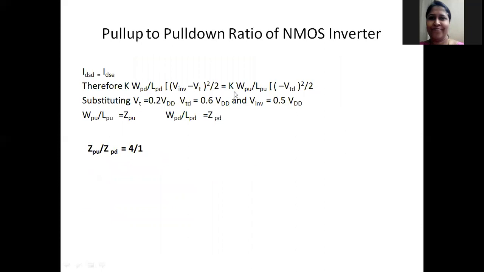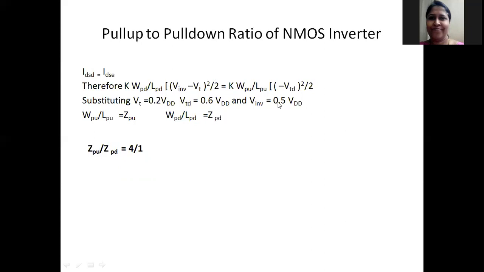when we equate and simplify by substituting the values of VT, which is equal to 0.2 VDD, VTD, which is equal to 0.6 VDD, V invert, which is equal to 0.5 VDD, and find what is ZPU by ZPD, knowing ZPU is equal to WPU by LPU, ZPD is equal to WPD by LPD, we find that to be equal to 4:1.